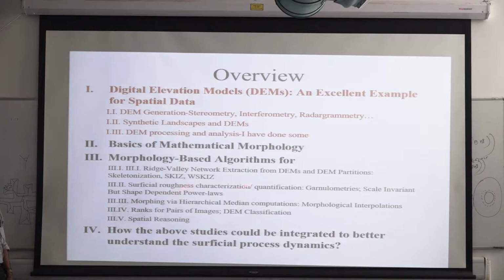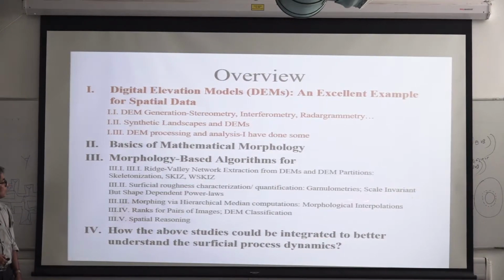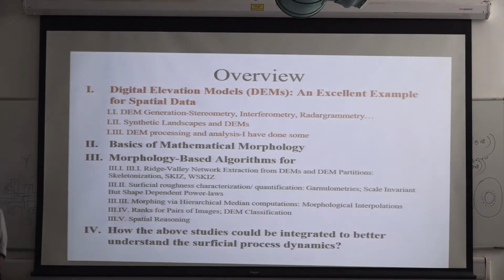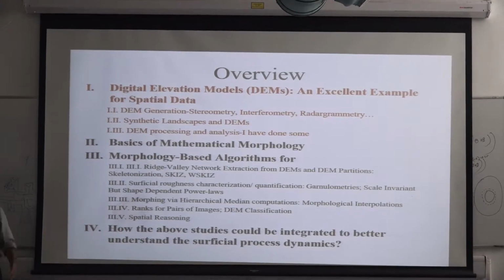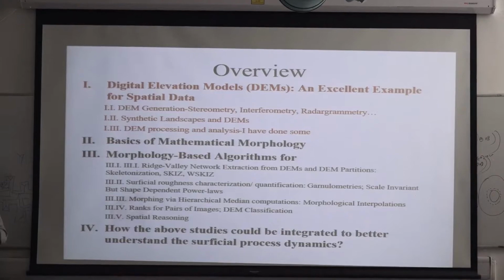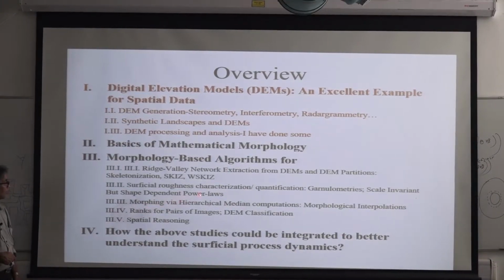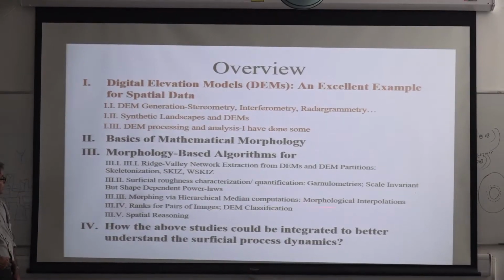And superficial roughness characterization, quantification via granulometries, which are scale invariant but shape dependent power laws. If you change your B, the kind of roughness that you get would be entirely different. And morphing via hierarchical median computations.